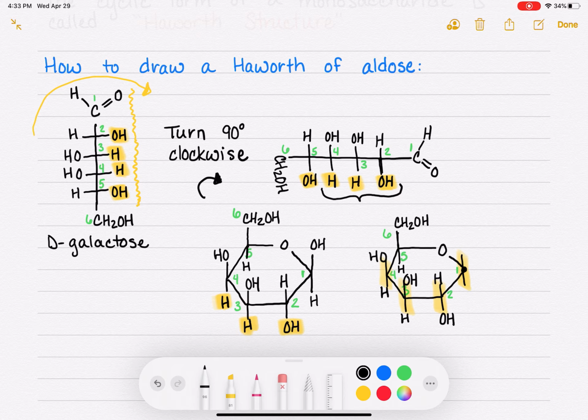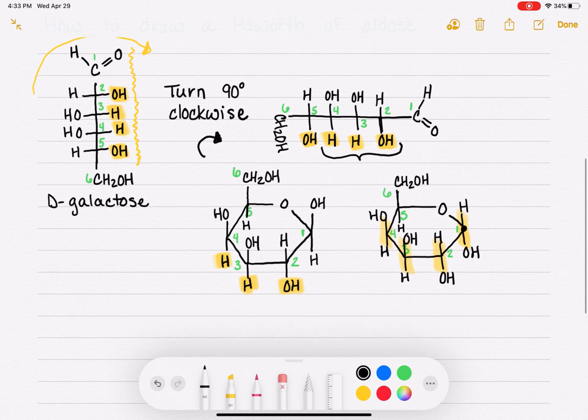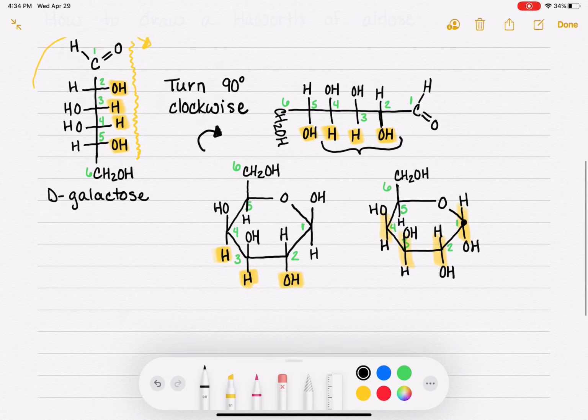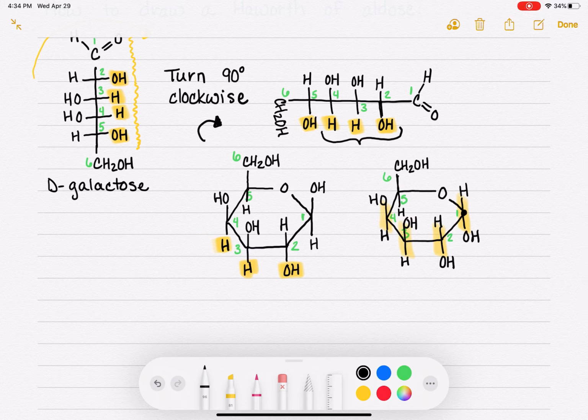And then carbon number 1, like I said, the OH can either be up or down. When the ring closes and makes this cyclic structure, sometimes the OH group ends up up, and sometimes the OH group ends up down. So for any given monosaccharide, it could be up and it could be down. It could be either one. And we have different names or different prefixes for the sugar depending on where the OH group ended up.